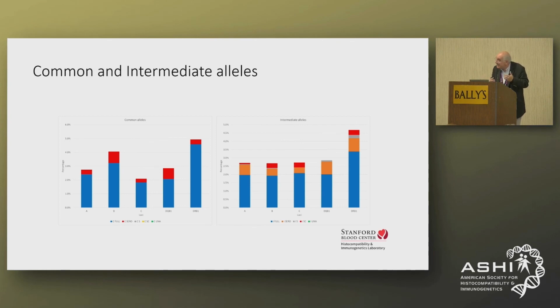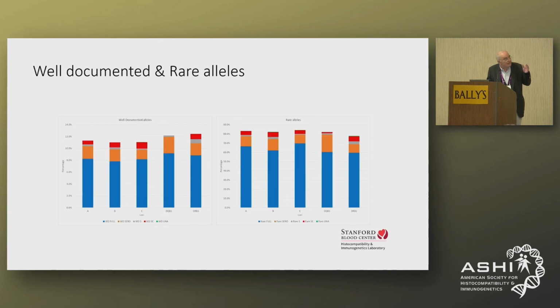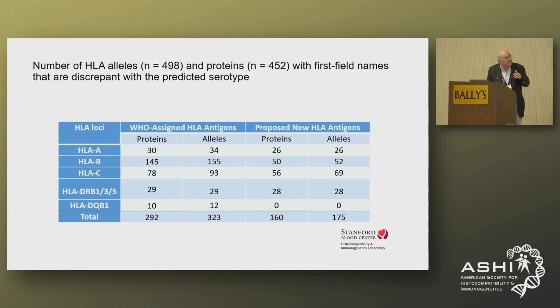And if we design a panel intelligently to cover that, we're going to have a good DSA assessment, or if we have a better representation in our panel. And you see that the well-documented are less covered. We have some incomplete, and the same thing is for rare alleles as well, in yellow and gray.